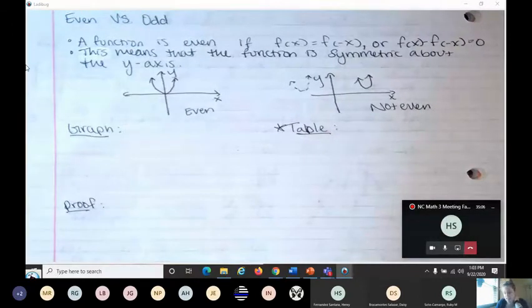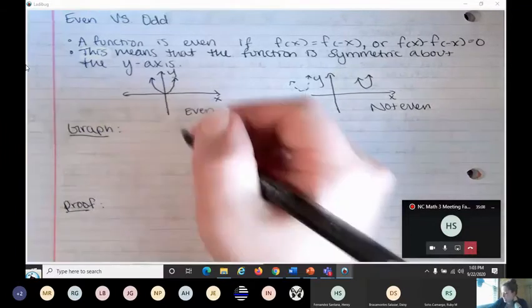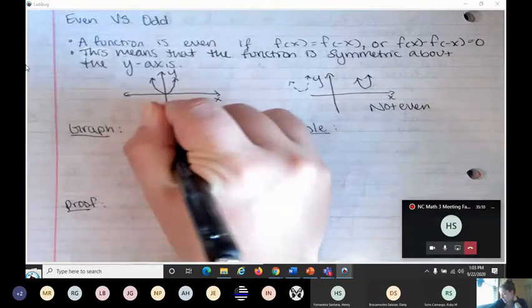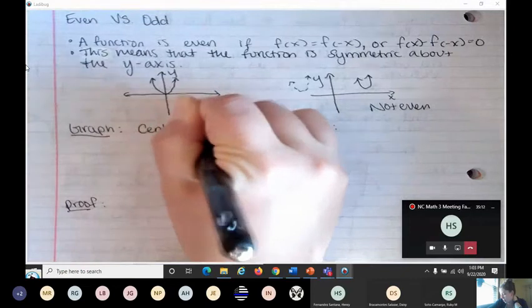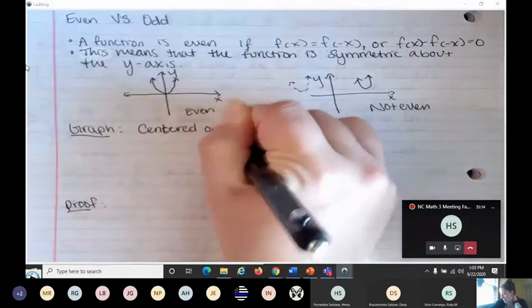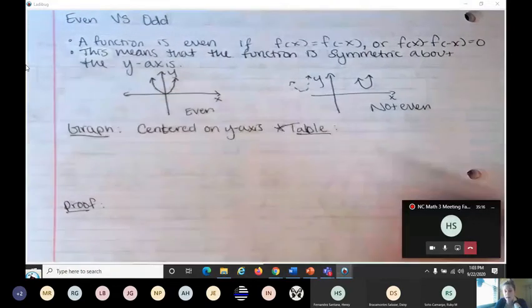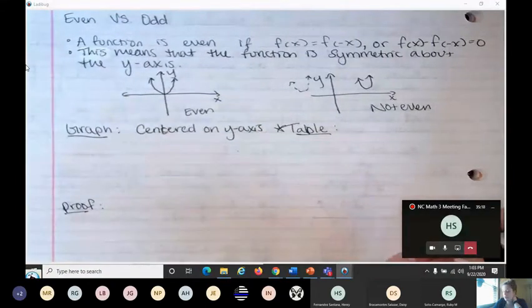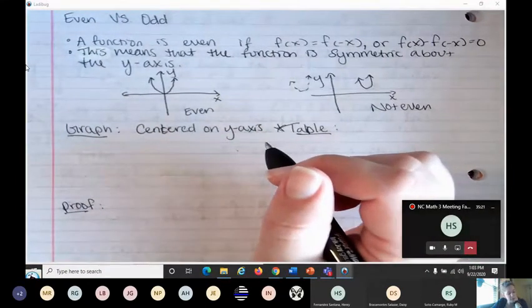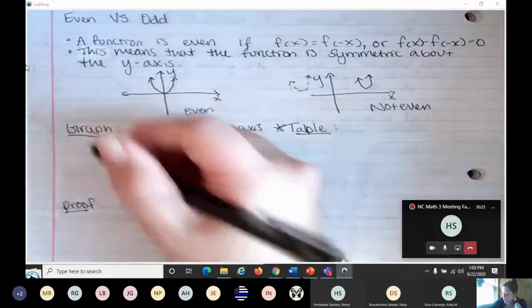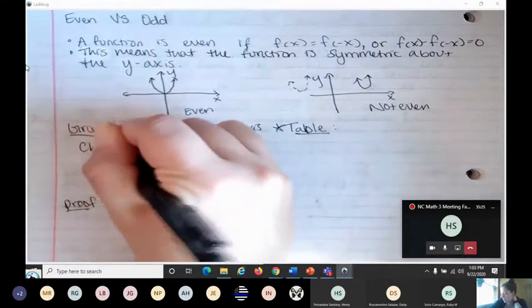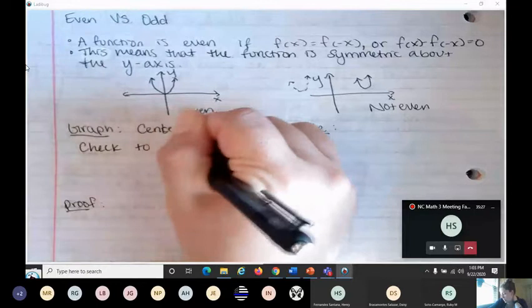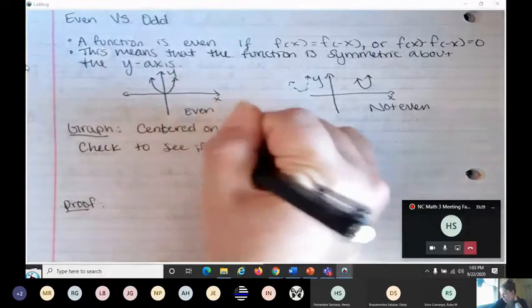So if it's even, it has to be centered on the y-axis. And you can just look and see if it flips. So check to see if it reflects.